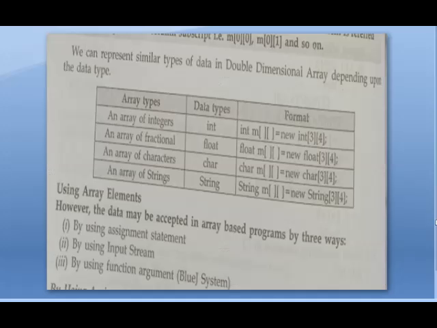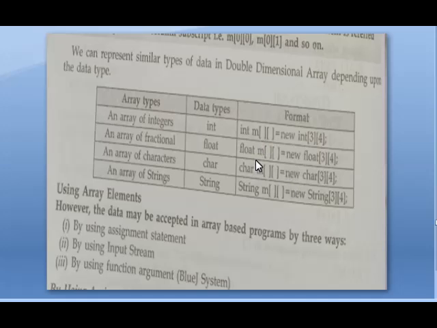So here also we can represent similar type of data in a double dimensional array depending upon the data type. So it will be like this: array types, data types, and format. Here in a single dimensional array we used only one bracket, that is int m of.